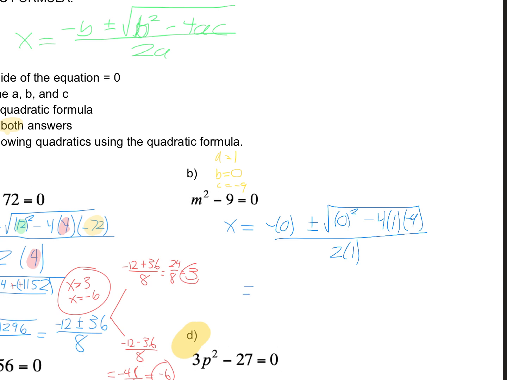So simplifying, negative 0 is just 0, plus or minus the square root of 0 squared is just 0, and then I'll have minus, and then 4 times 1 times negative 9. If you use your calculator, 4 times 1 times negative 9 should get negative 36 divided by 2 times 1, which is just 2.